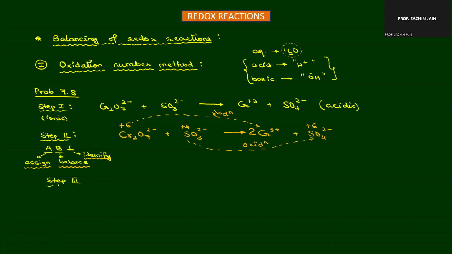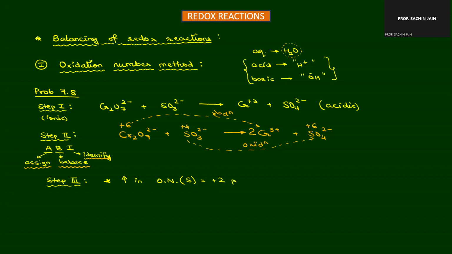Step 3. In step 3, we find how much is the increase in oxidation number. This increase is for the sulfur atom, which is increasing from +4 to +6, an increase of 2.